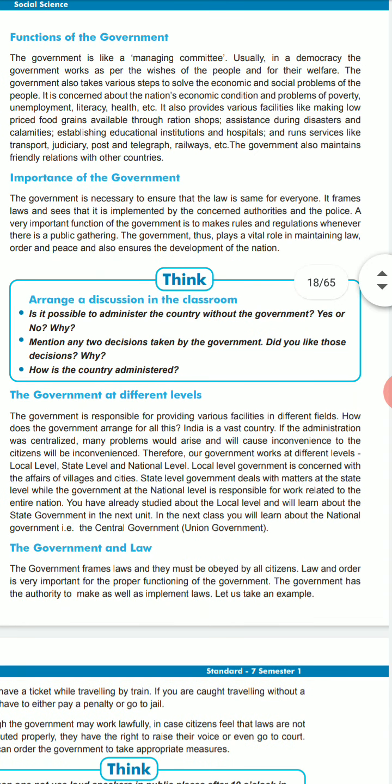Now think, arrange a discussion in the classroom. Is it possible to administer the country without the government? Yes or no? Why? Mention any two decisions taken by the government. Did you like those decisions? Why? How is the country administered?